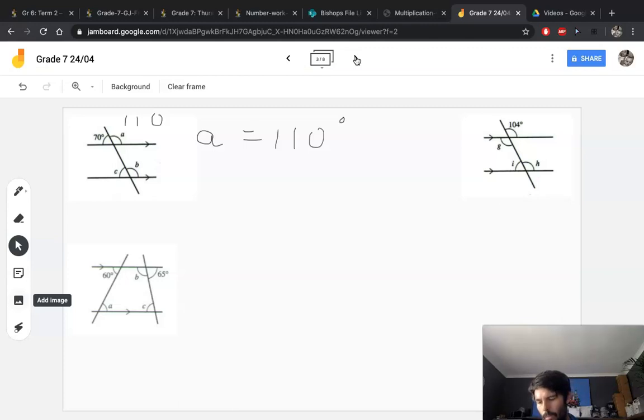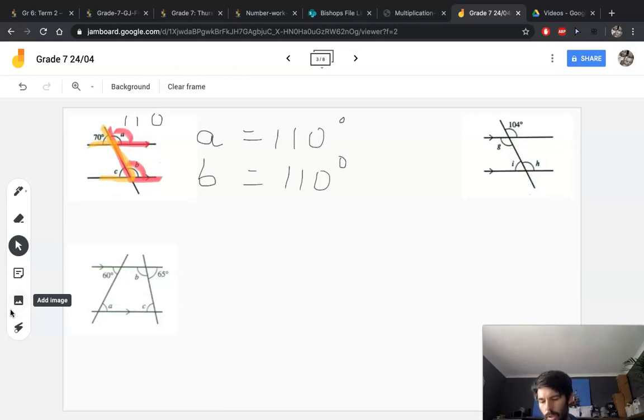I know that B is going to be equal to 110, and I'll just draw it in there with a different color. There is my upside down F, and I know that these angles under the armpits are going to be equal. I could do exactly the same thing with this side, and I can draw in my F there.